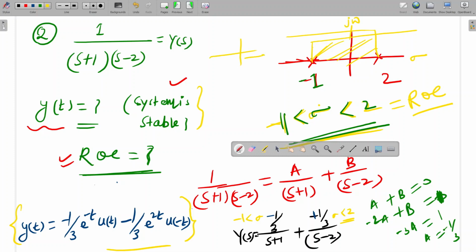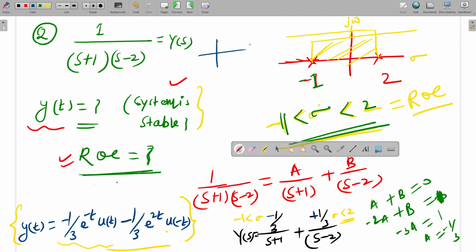Our time is increasing, but here this is u of minus t, so it will come before t is equal to 0 only, and this term will come after t is equal to 0. u of minus t means that signal will be present for t less than 0 only.